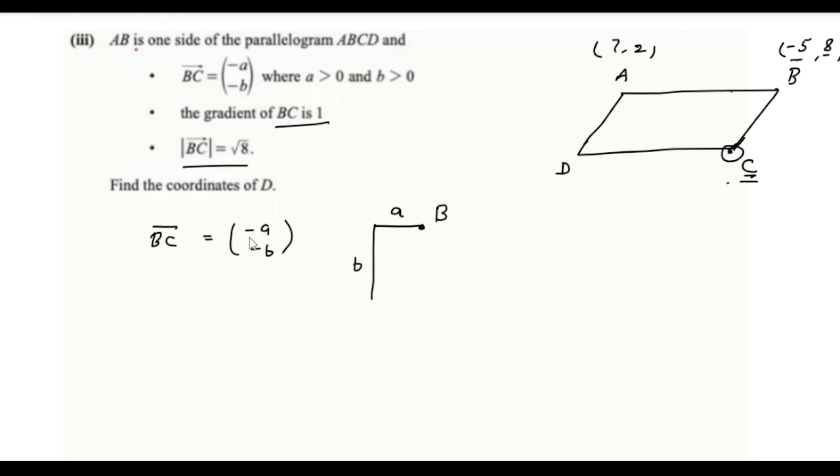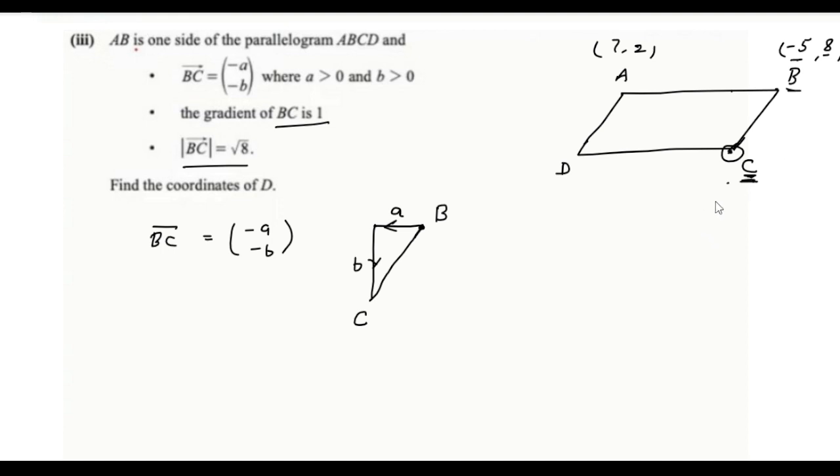This is what minus A and minus B indicate, to reach point C. This is basic vector. You go A unit left, B unit down. Now the same thing you see in this parallelogram. I have B and I have C.